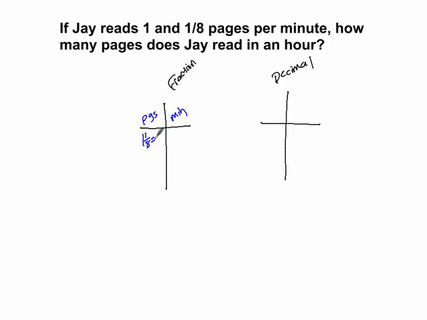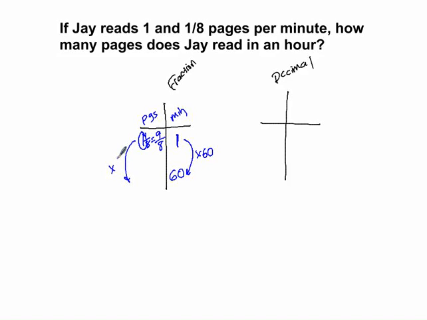I'm also going to represent that as 9/8. 1 whole, remember, is 8/8, so 8/8 and 1/8 would be 9/8. And per minute, how many does he read in an hour? An hour is 60 minutes, so you're multiplying by 60. Whatever you do to one side, you must do to the other.